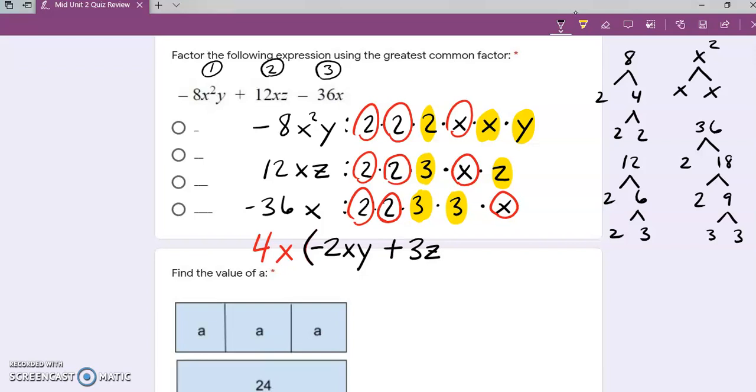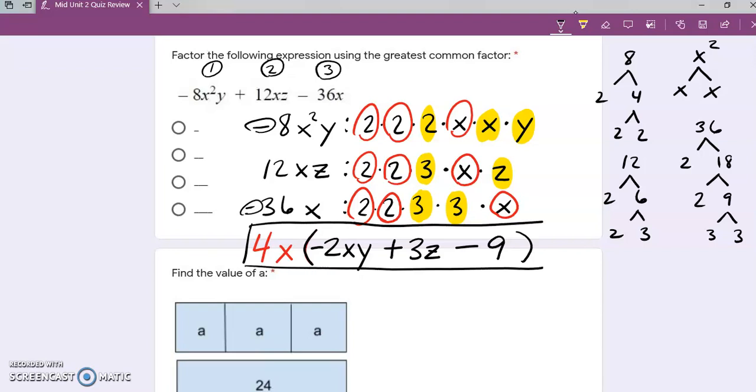And then the 3 and the 3 are left over as my third term. And this is also a negative number, so this is a minus right here. So this would be my final answer. The factored expression is 4x on the outside, negative 2xy plus 3z minus 9 on the inside.